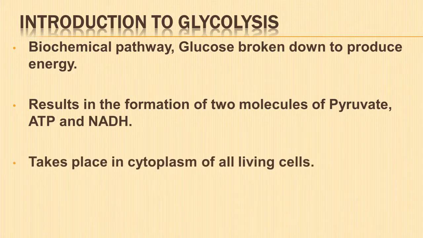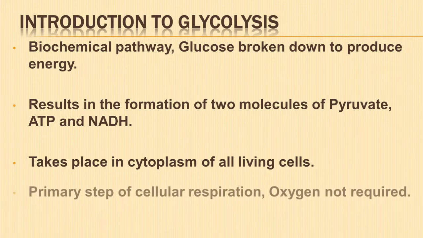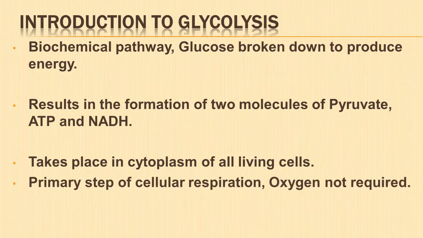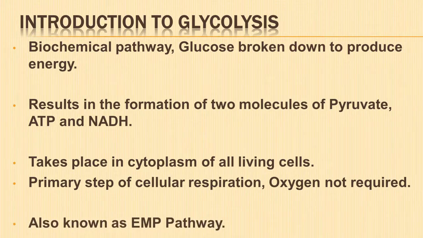Glycolysis takes place in the cytoplasm of all living cells, aerobic as well as anaerobic, and does not require oxygen. Glycolysis is the primary step of cellular respiration. It is also known as Embden-Meyerhof-Parnas pathway or EMP pathway.